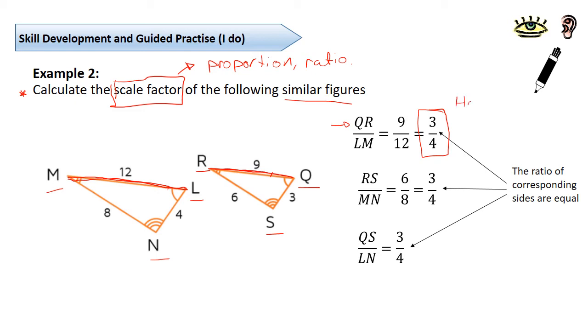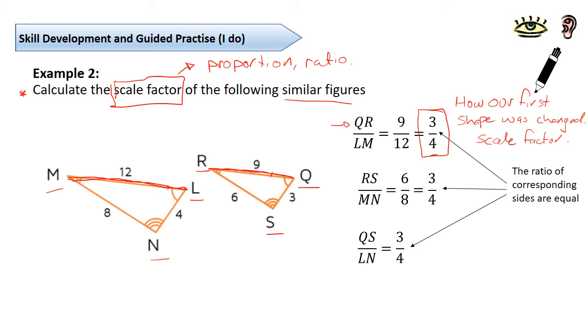It tells us how our first shape was changed. It's the scale factor. Because it's less than 1, it means it was smaller. If you multiply a number by 3 on 4, you will get a smaller number, and that's what's happened. Our shape has been shrunk by multiplying by 3 on 4.